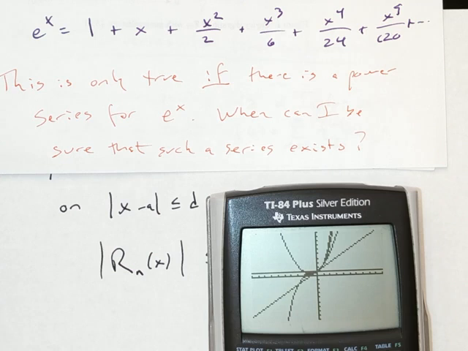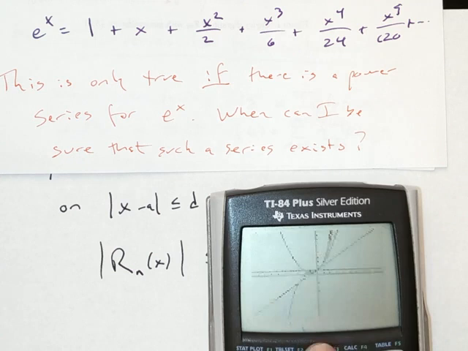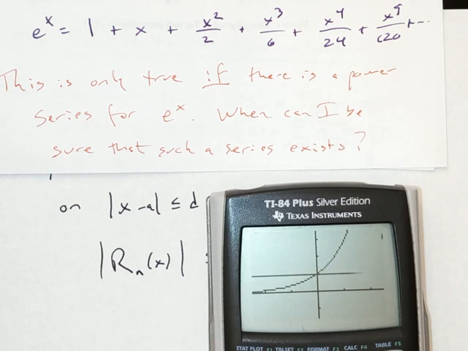I want to look much closer in, so I'm going to zoom in right here. There's the graph of e to the x. 1 isn't a very good estimate, is it? 1 plus x is much closer. That's even closer, isn't it?